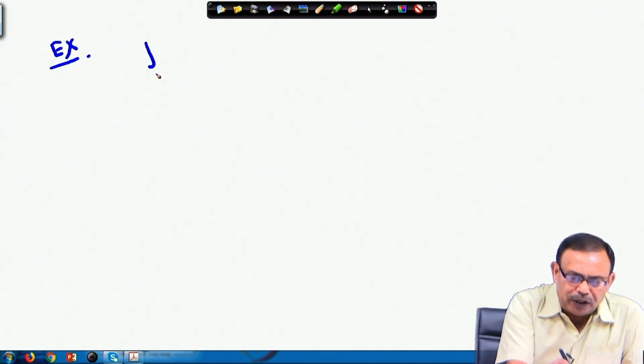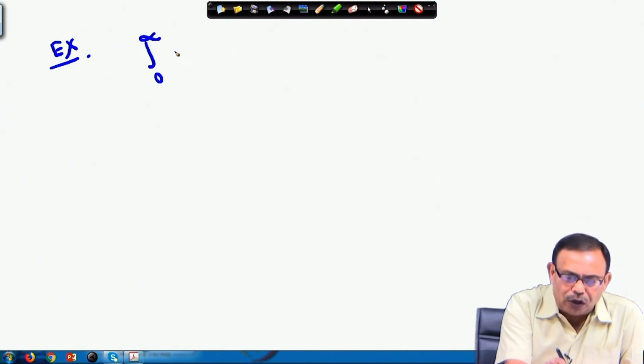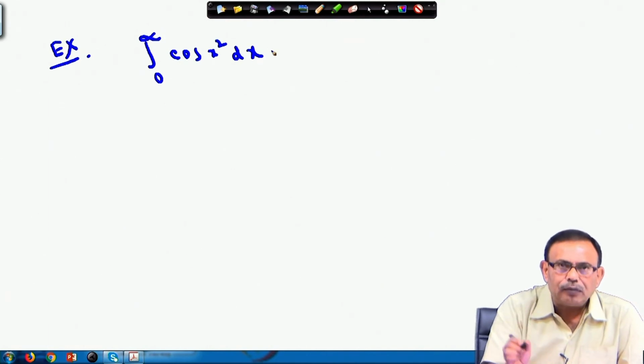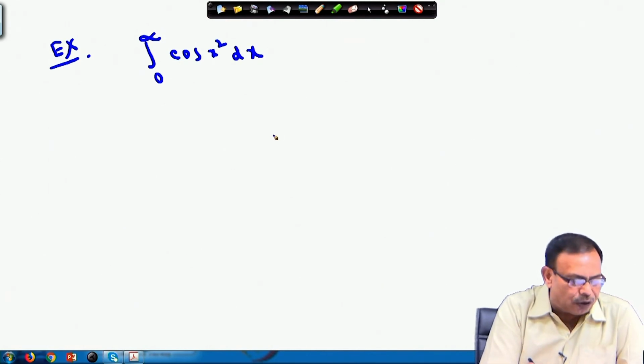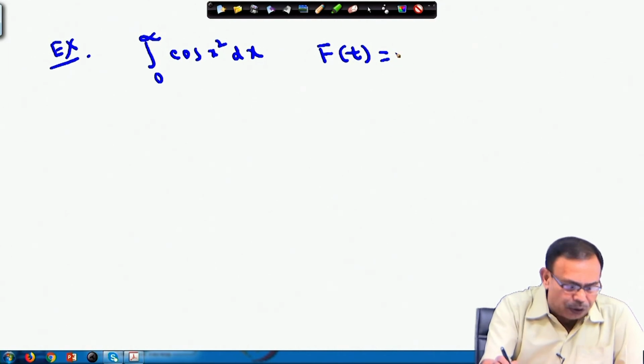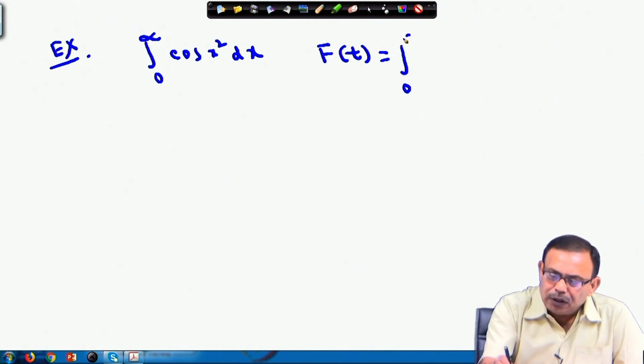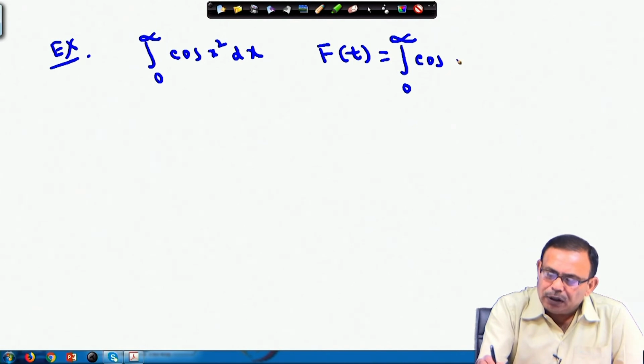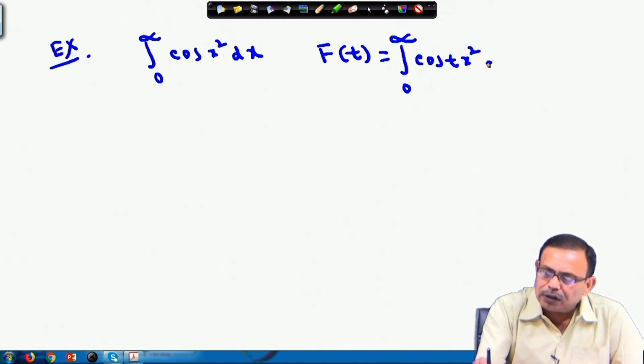I want to evaluate 0 to infinity cos of x square dx. Like earlier cases, I have to take a new parameter t. So obviously I will take cos of t x square dx.